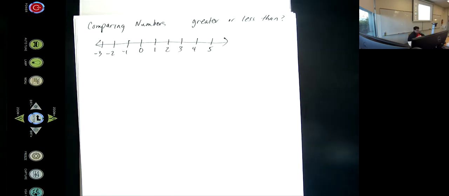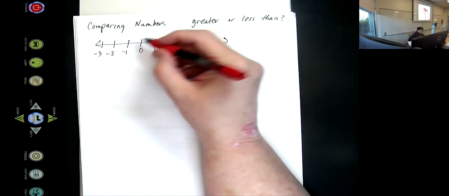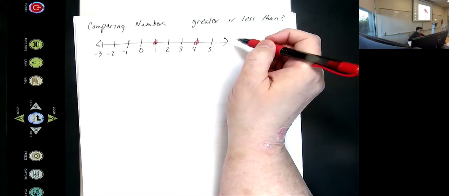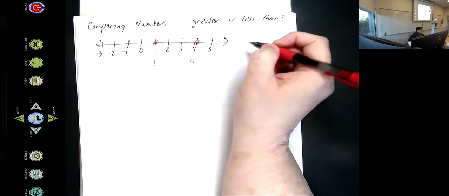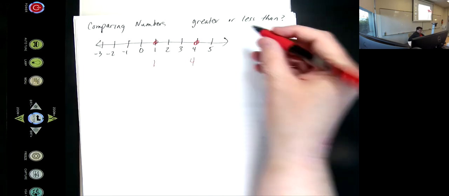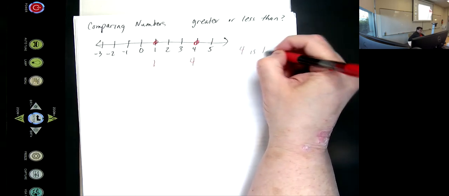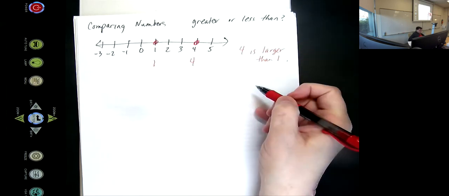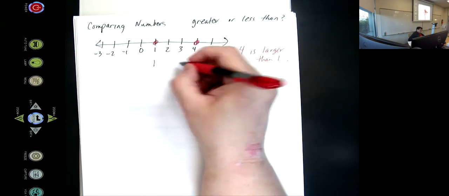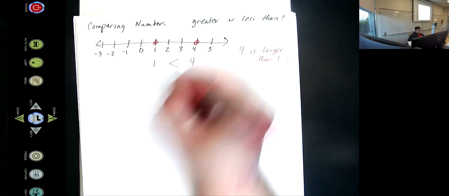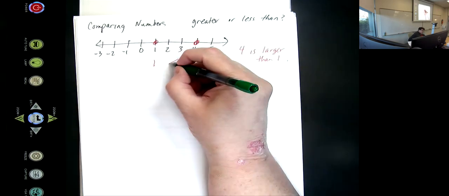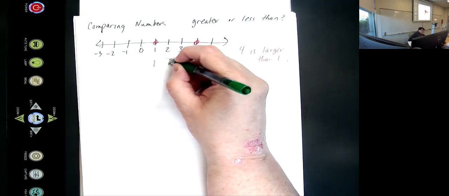So if we have two numbers on this number line, let's say 1 and 4. Numbers further to the right are larger. 4 is larger than 1. And so what we do is we make an inequality symbol, let's make it green, because I'm going to put a little alligator face on it.